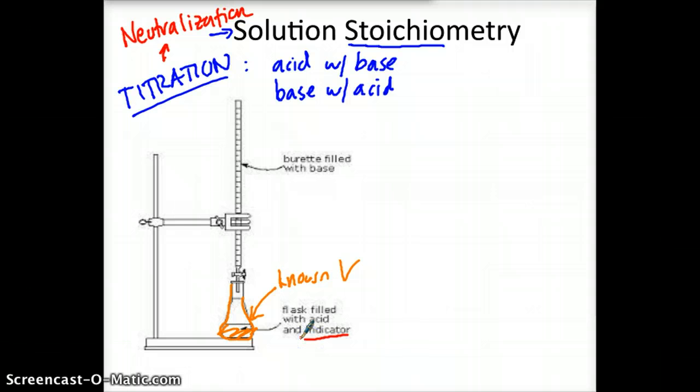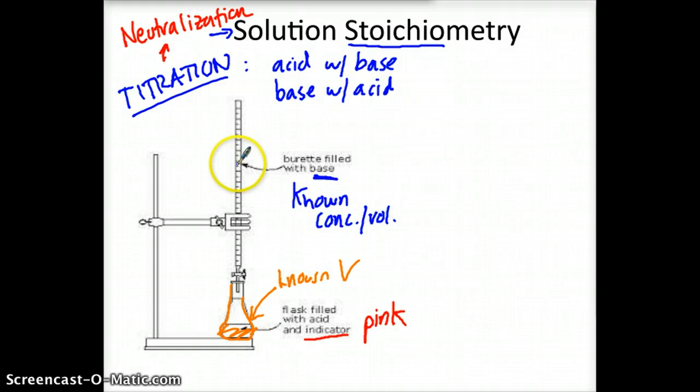So one of the most common indicators is phenolphthalein, which we noticed turned slightly pink once we've reached the end point in our titration. The reason that's happened is because we're adding base here with a known concentration and volume.